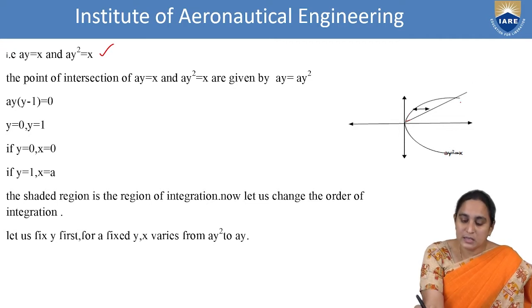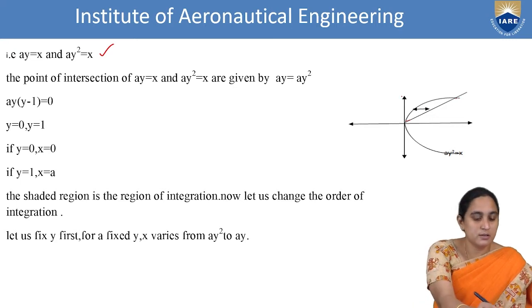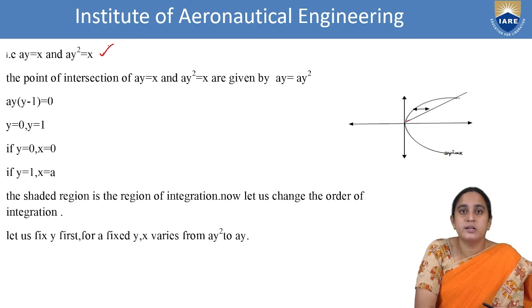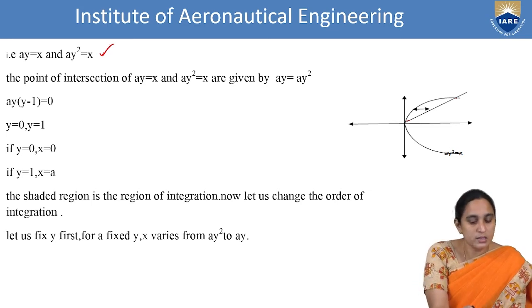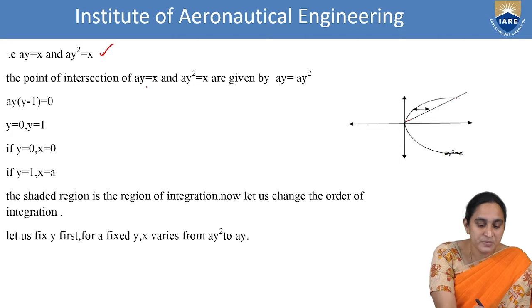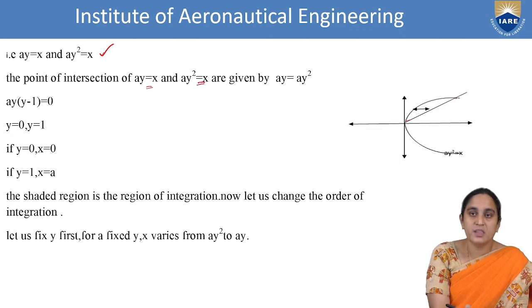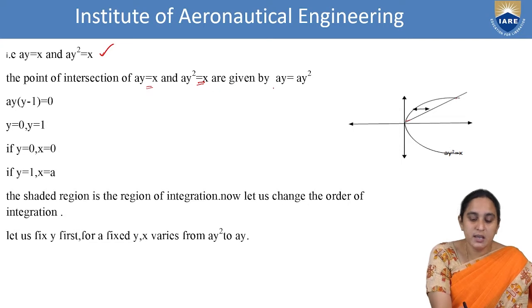Now I'll take the intersecting point of these two curves. From the given curve equations, let us find the intersecting point of the two curves. That means ay² = x and ay = x. I'm equating both the equations.